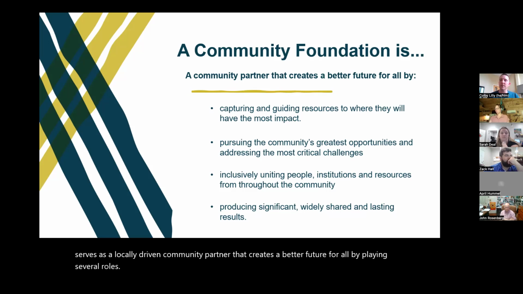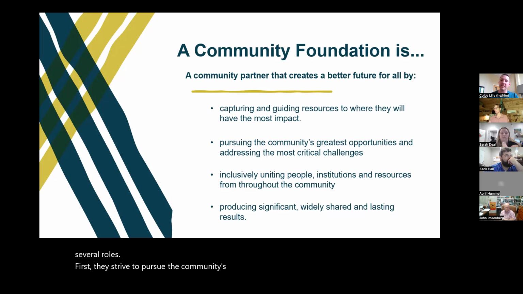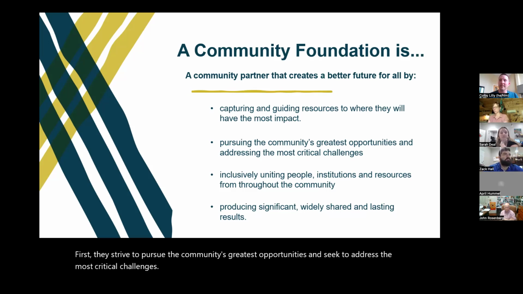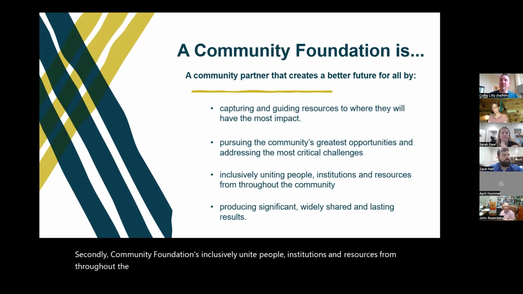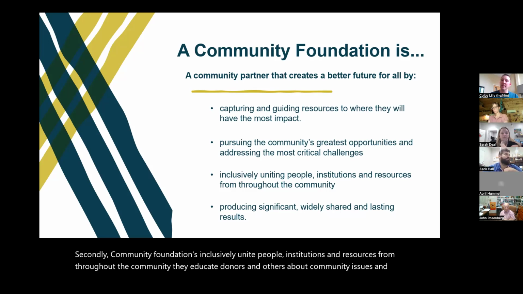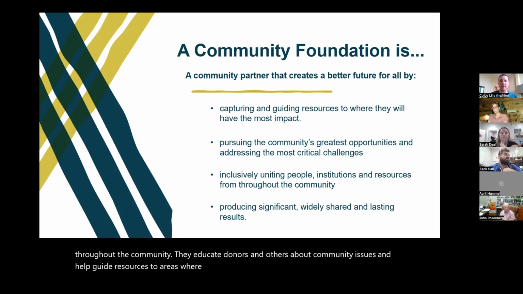First, they strive to pursue the community's greatest opportunities and seek to address the most critical challenges. Secondly, community foundations inclusively unite people, institutions, and resources from throughout the community. They educate donors and others about community issues and help guide resources to areas where they will have the most impact.